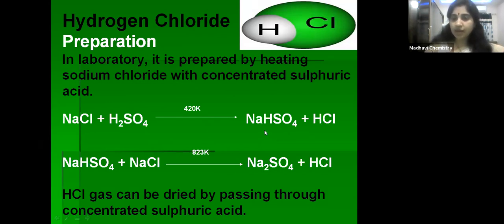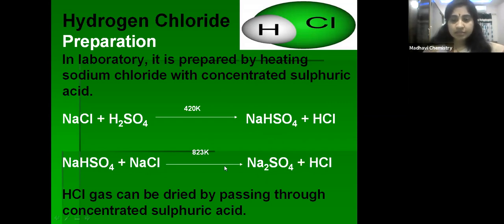Along with HCl, sodium hydrogen sulfate is formed. So by considering sodium hydrogen sulfate, again HCl can be prepared. When sodium hydrogen sulfate is treated with NaCl and heated at 823 Kelvin, we will get hydrogen chloride along with Na2SO4. Okay.